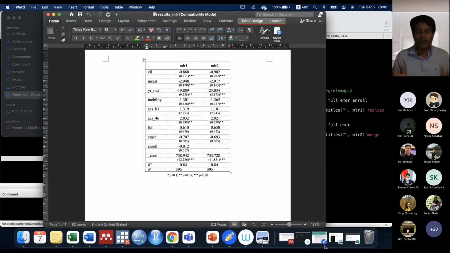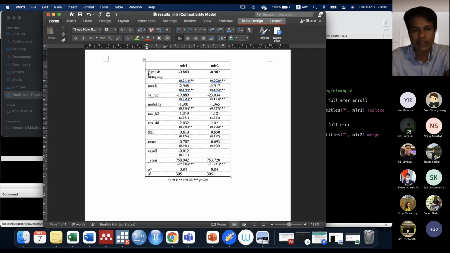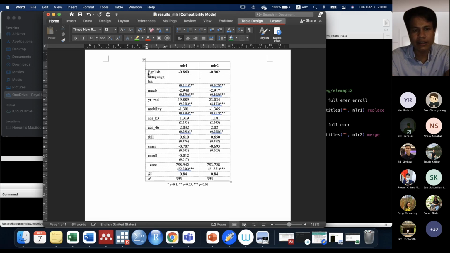But normally, class, we don't copy and paste it directly. You have to rename these variables, so that your reader understands your variable names. If you report with this variable name, no one understands you. Say, this is year round.